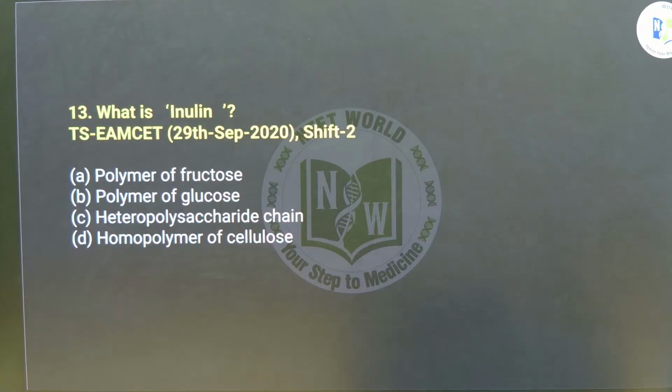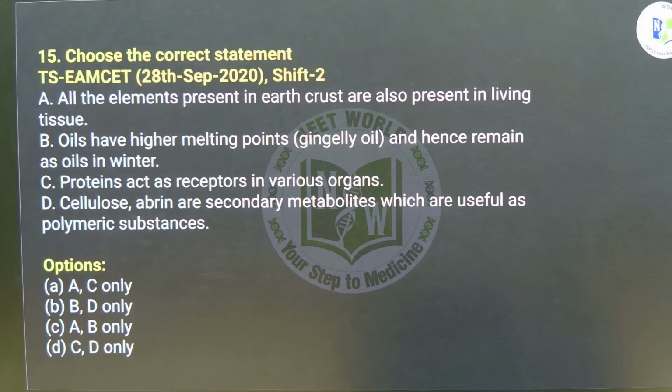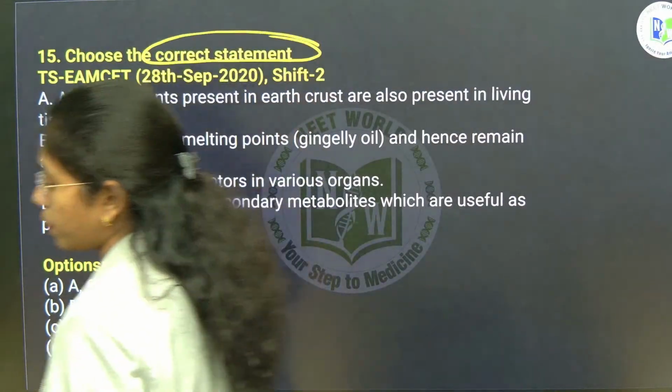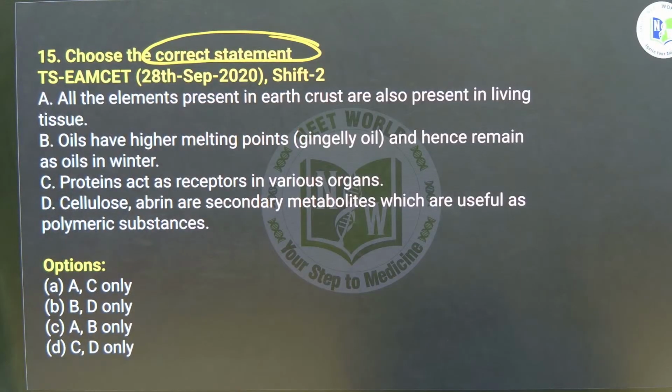Next. So, inulin is clear. This question, again a statement based question. We need to choose the correct statement. Carefully answer, ma.